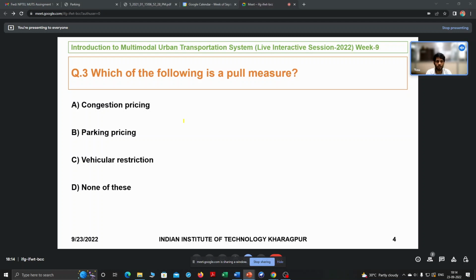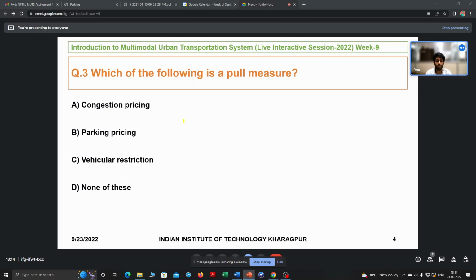Now we need to implement travel demand management measures, so you need to heavily penalize him. It is rather the opposite. Suppose for the first hour you are charging 30 rupees, maybe for the next hour you should charge 40 rupees. It should not be less than the original 30 rupees, right?